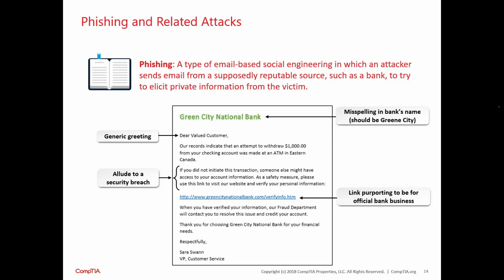You can actually notice that when you receive this kind of email, the bank's name is somehow misspelled. For example, Green City is supposed to be, say, Greeny City. There's a generic greeting, an allusion to a security breach, like if you did not initiate the transaction, someone else might have access to your account, blah, blah, blah. And a link purporting to be for the official bank business.